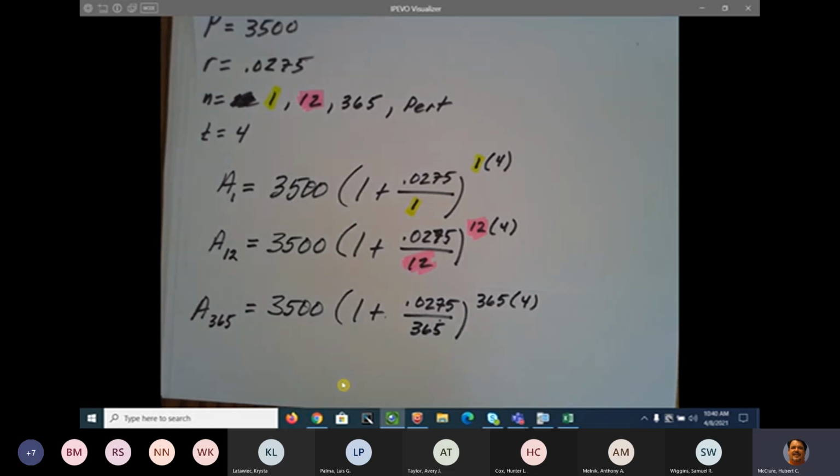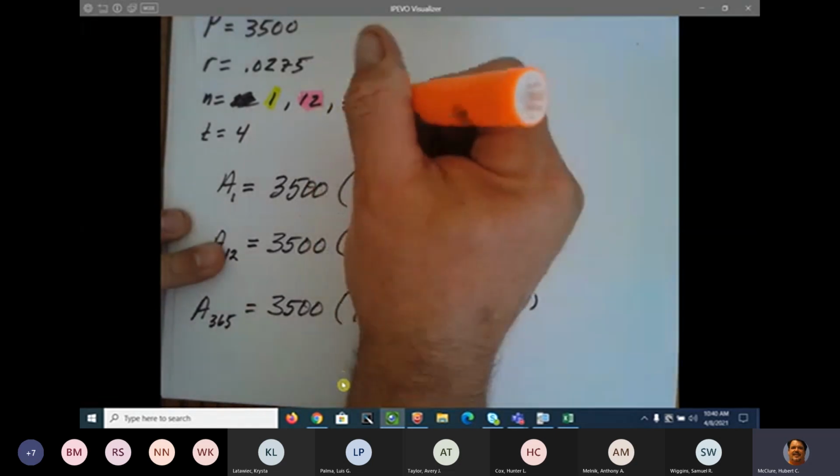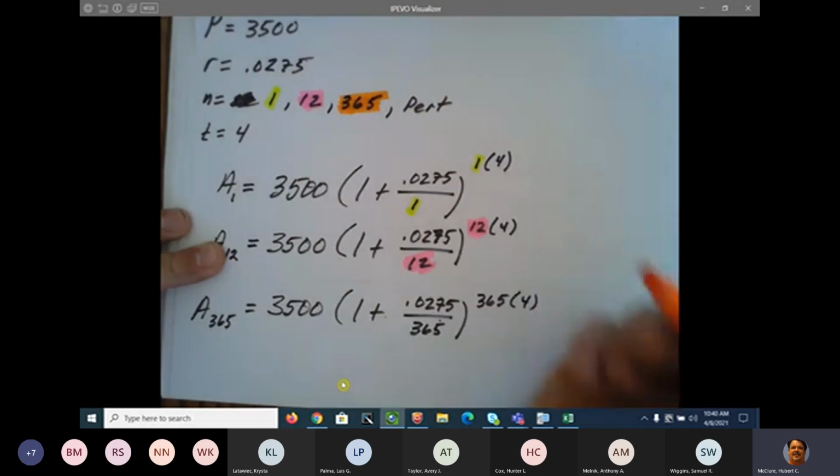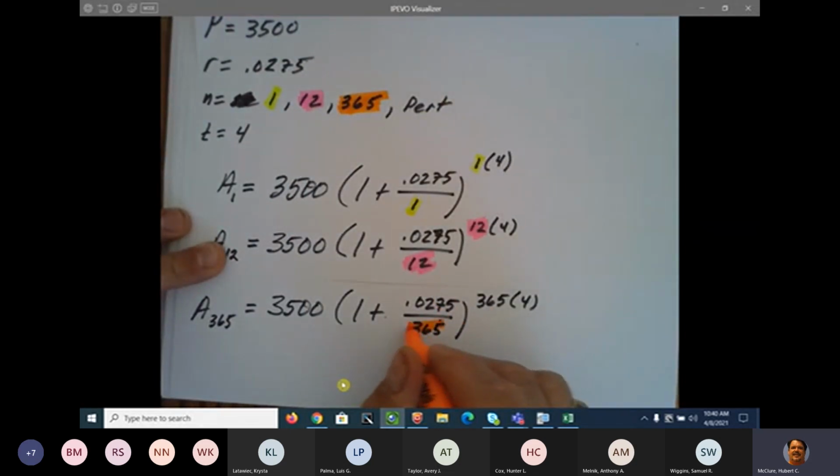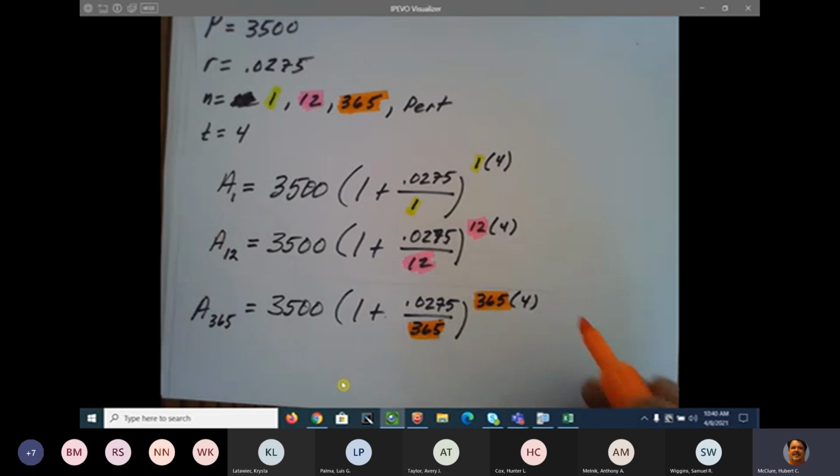And that comes from the bank compounding every day. At the end of every day, they compound your interest. It would be nice if the bank still did that, but they don't.